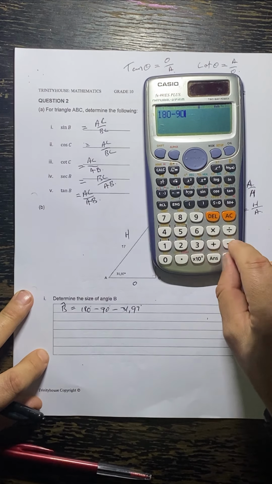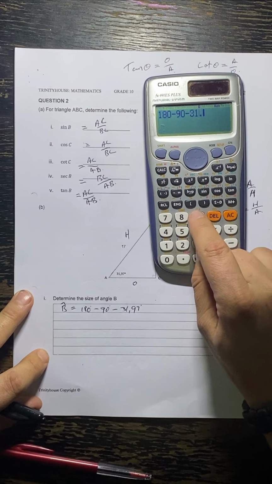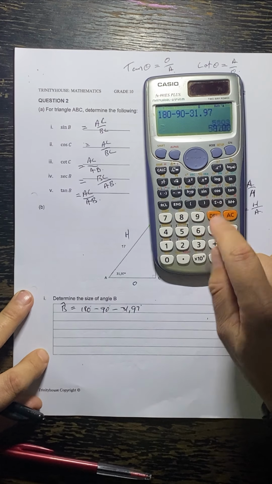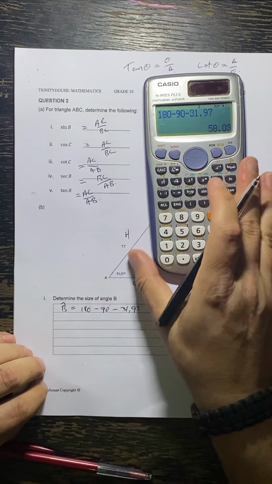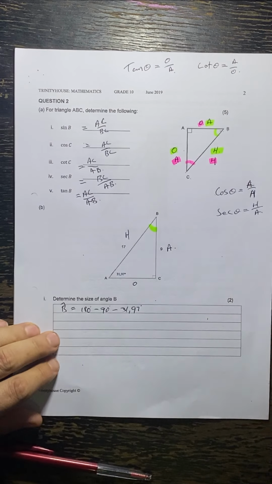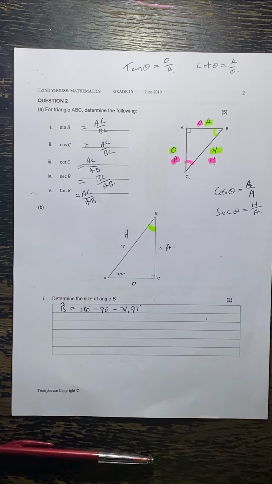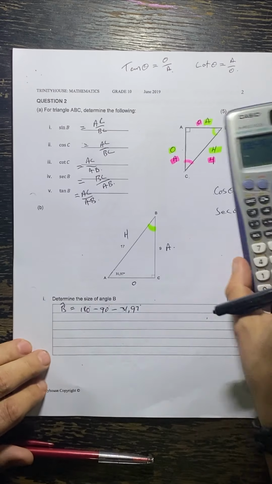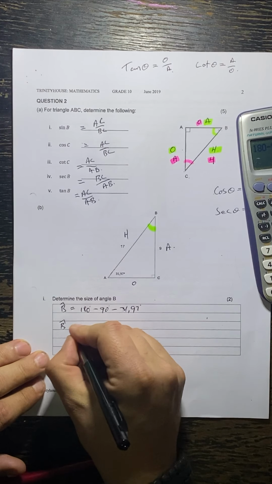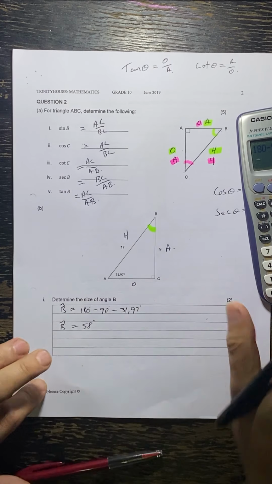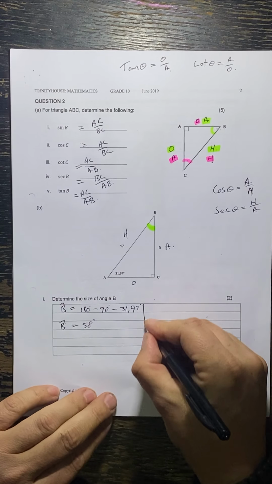We get 58.03. I just want to see what it says we must round off to. Round off to 1 decimal. So if I round that off to 1 decimal, this would just be 58 degrees.